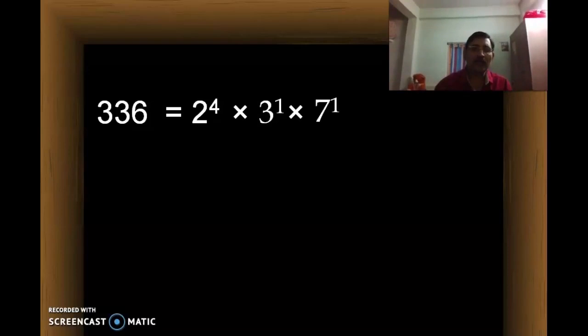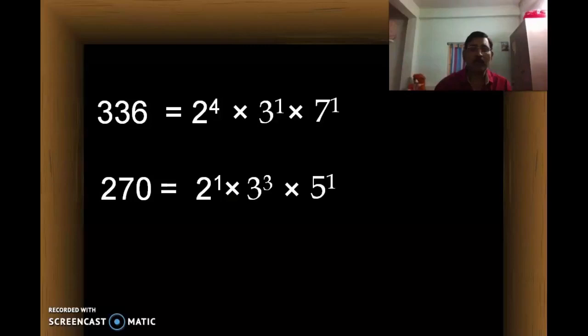Again, for finding the LCM, we take the same two numbers. 336 is equal to 2 power 4 into 3 power 1 into 7 power 1. And 270 is equal to 2 power 1 into 3 power 3 into 5 power 1. Already we found them. Now, just like the previous one, identify what are the common prime factors.